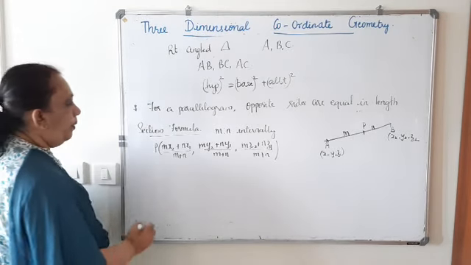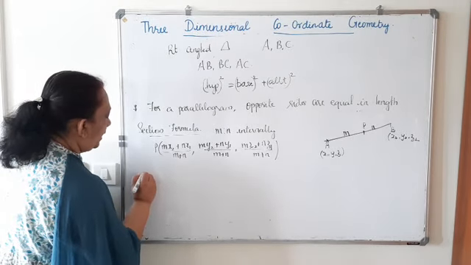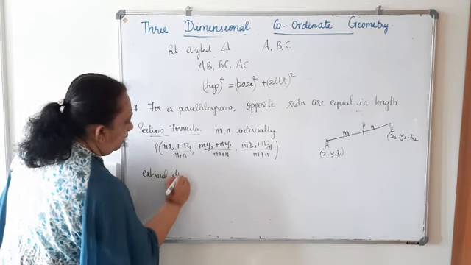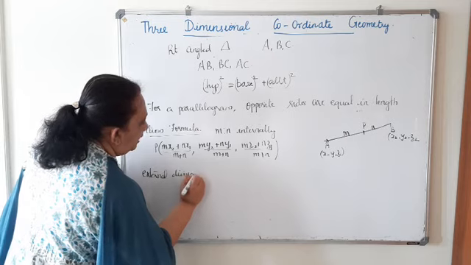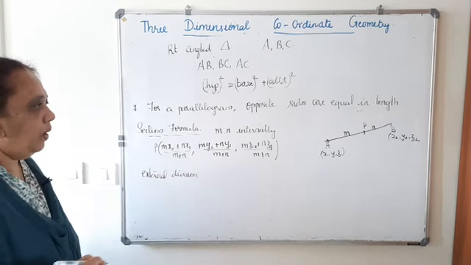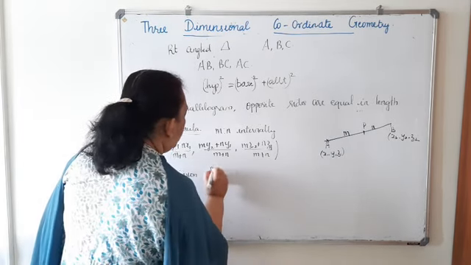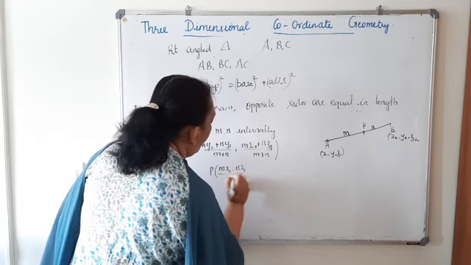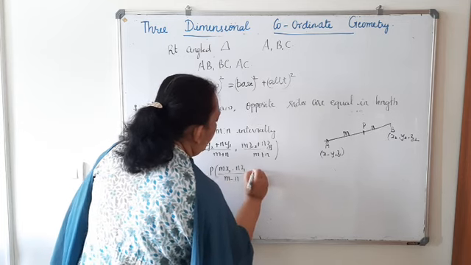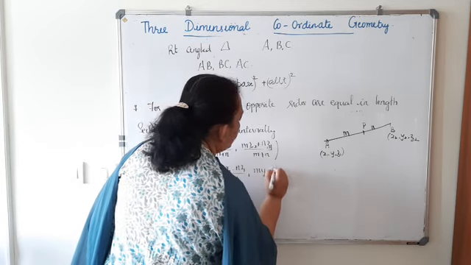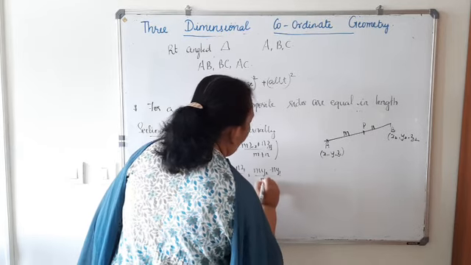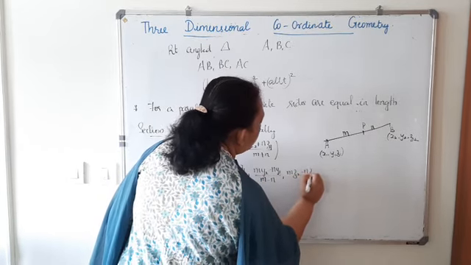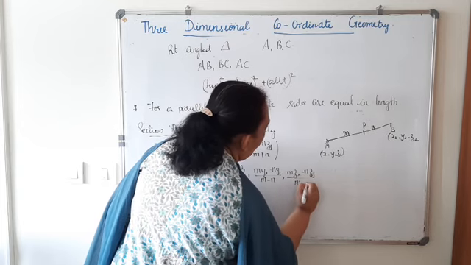Now, if the point P lies outside, that is, if the division is an external division, then what about the point P? It is m x2 minus n x1 by m minus n, m y2 minus n y1 by m minus n, m z2 minus n z1 by m minus n.